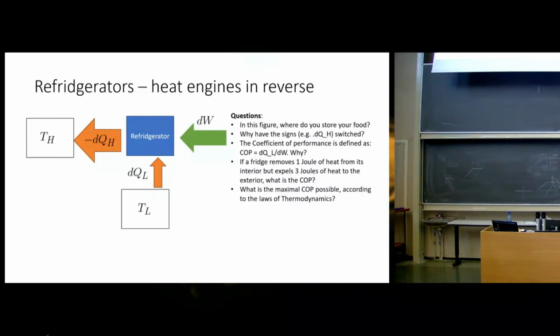We define something called the coefficient of performance as dQL divided by dW. Why? Question: if a fridge removes 1 joule of heat from its interior but expels 3 joules of heat to the exterior, what is the coefficient of performance? And what is the maximal coefficient of performance possible according to the laws of thermodynamics? So I'll give you 3 minutes to answer these questions.